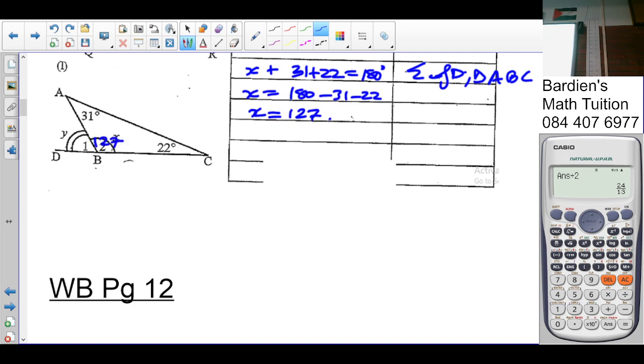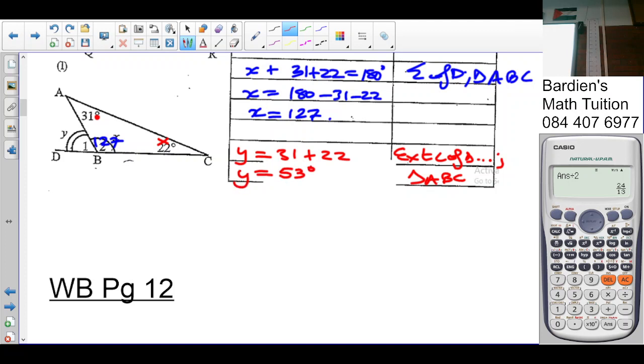Are you going to calculate y? Y is equal to 31 plus 22. Why? Exterior angle of triangle. It's triangle ABC. Not so? That's going to give us an answer of 53.